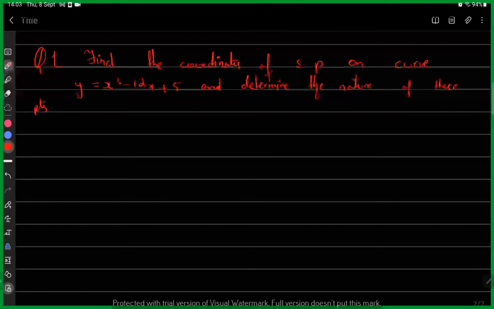And the last part says sketch the graph of y equals x cubed minus 12x plus 5.